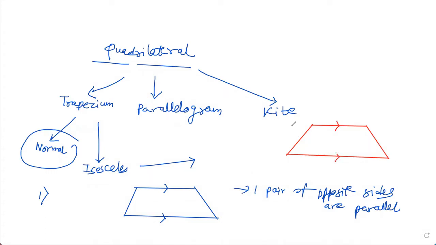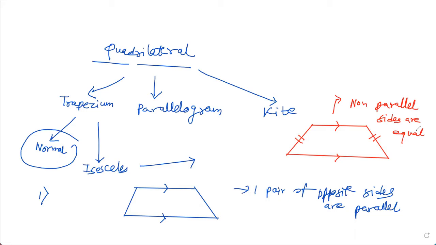But here, the non-parallel sides that we have are equal. So what is the extra feature of isosceles trapezium? That the non-parallel sides are equal. This is a very important property. This is the basic difference between the two subtypes of trapezium. I guess this is pretty clear to all of you.